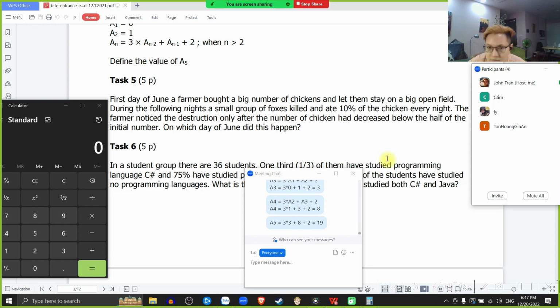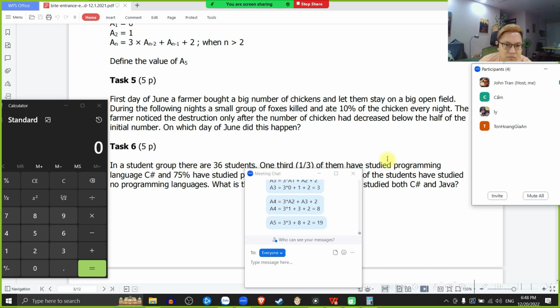First day of June, a farmer bought a big number of chickens and let them stay on a big open field. During the following nights, a small group of foxes killed and ate 10% of the chicken every night.